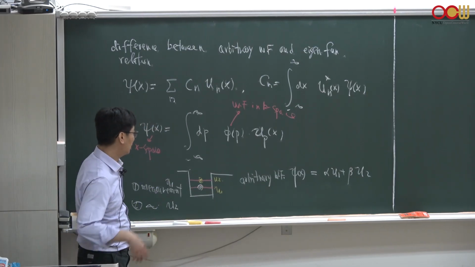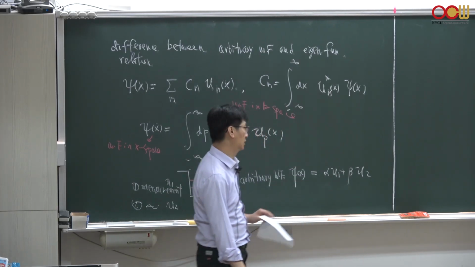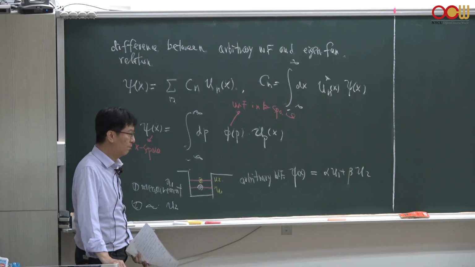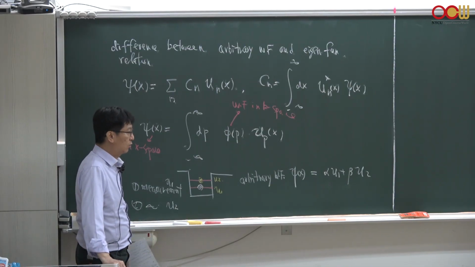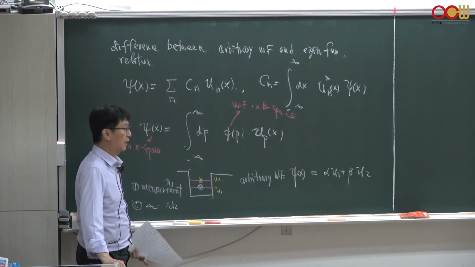Okay, so such a generalized linear combination of the two eigenstates is called an arbitrary wave function.